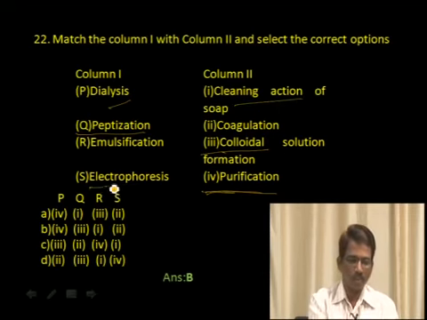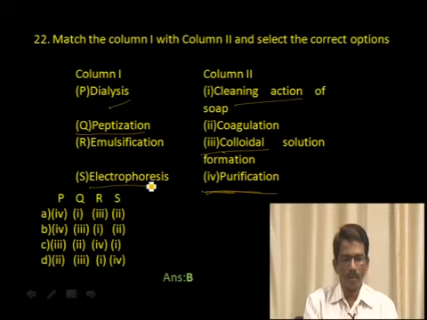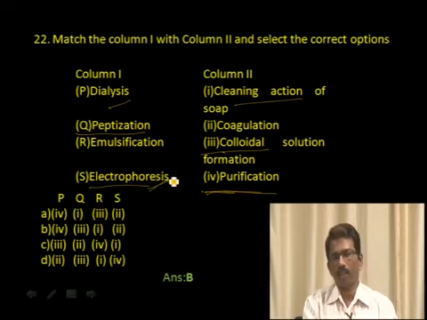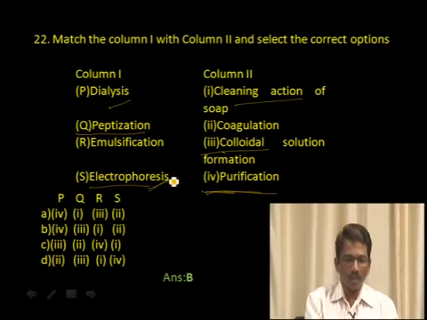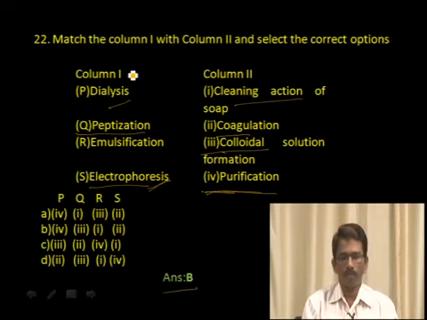Electrophoresis is the process performed to find out the nature of charges on the colloidal particles, and it involves coagulation, and it matches with 2, and hence the correct option becomes option B, which is the correct matching of column 1 with column 2.